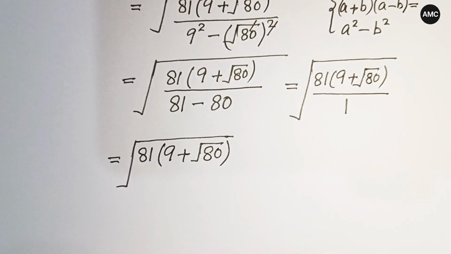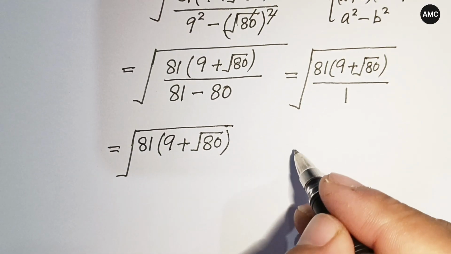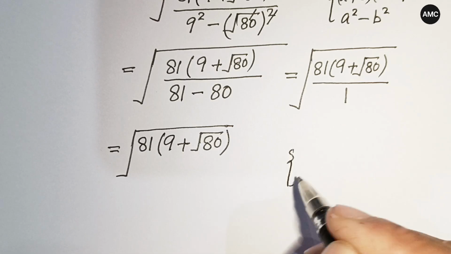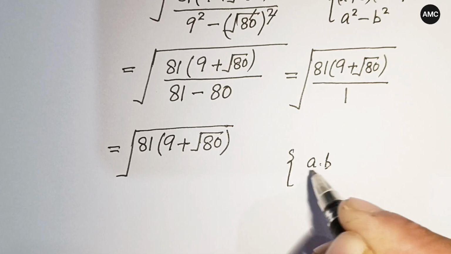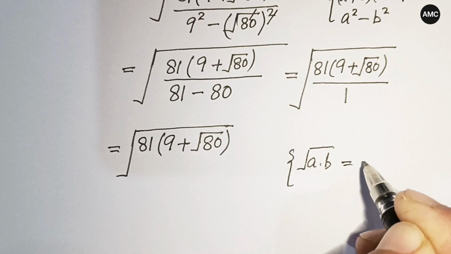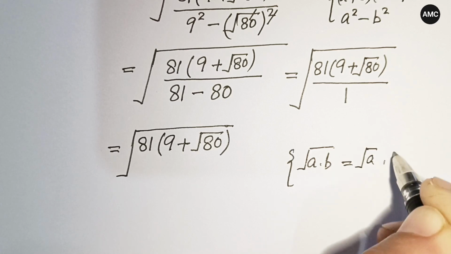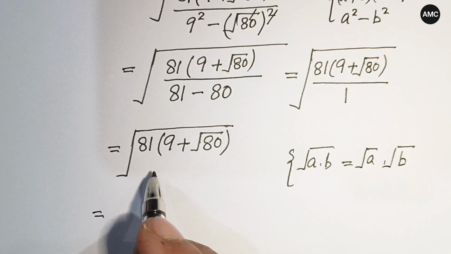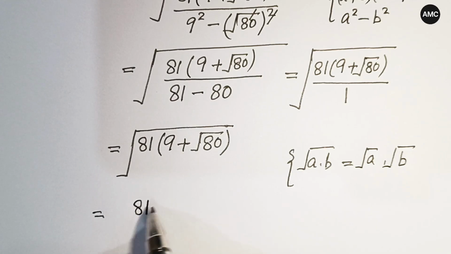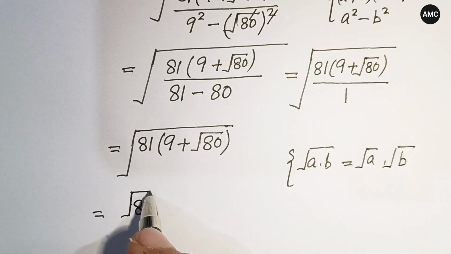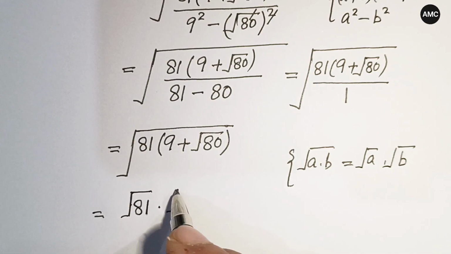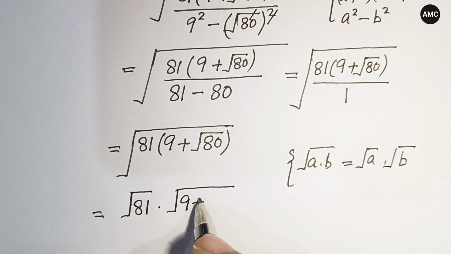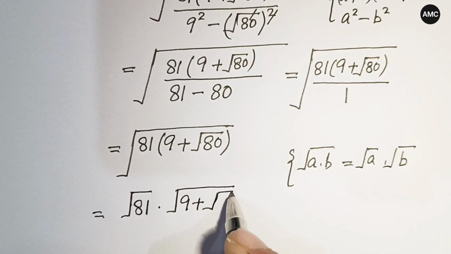Here, as we know by the exponent identity, square root of a times b is equal to square root of a times square root of b. Applying this identity here, we get square root of 81 times square root of 9 plus square root of 80.